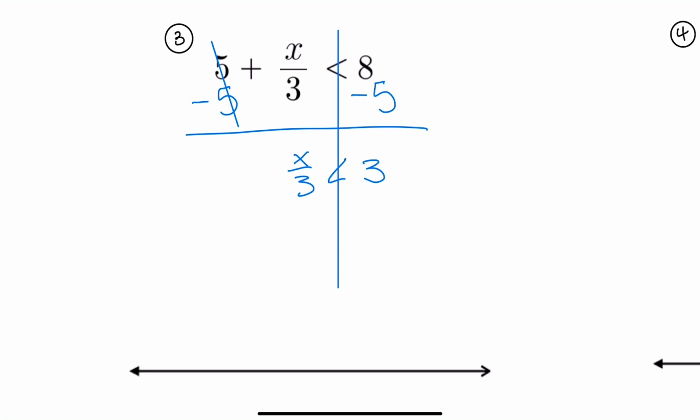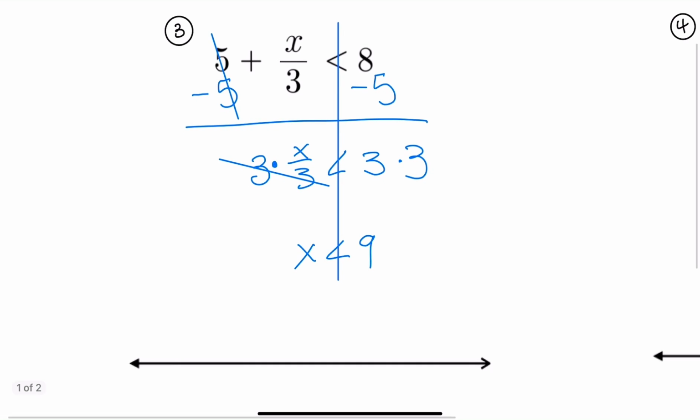Opposite of dividing is going to be multiplying. So I'm going to multiply by 3 on both sides. So then these will cancel out to give us a 1x is less than 3 times 3. That's 9. Okay. Graph is going to start at 9.